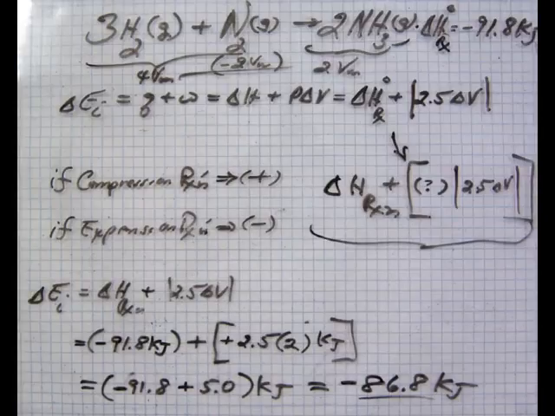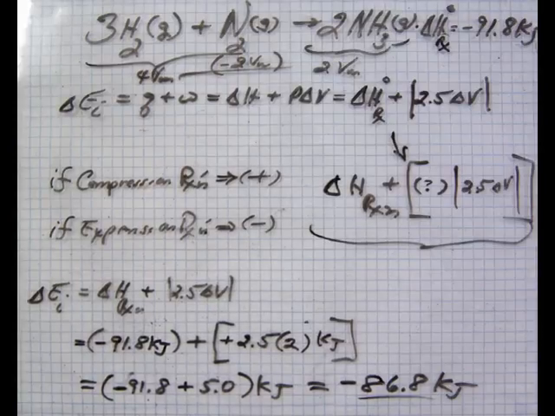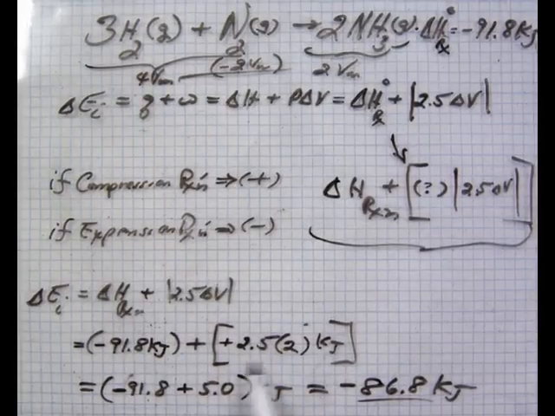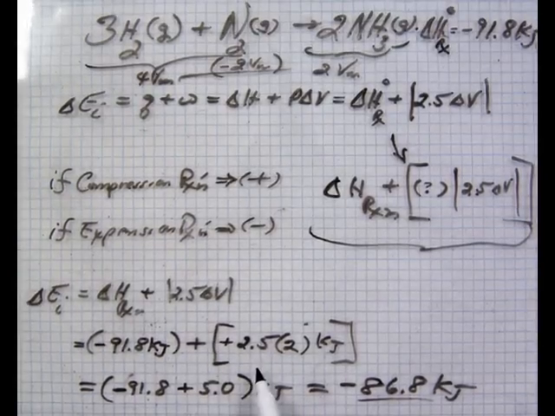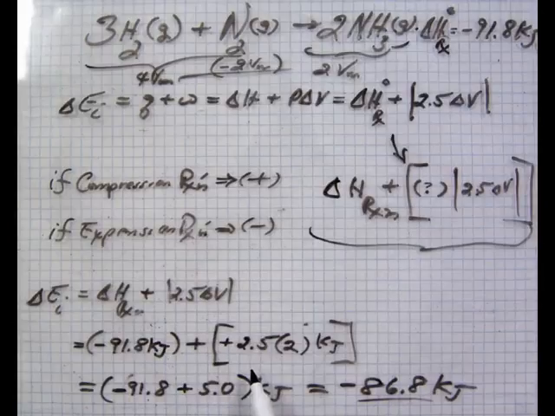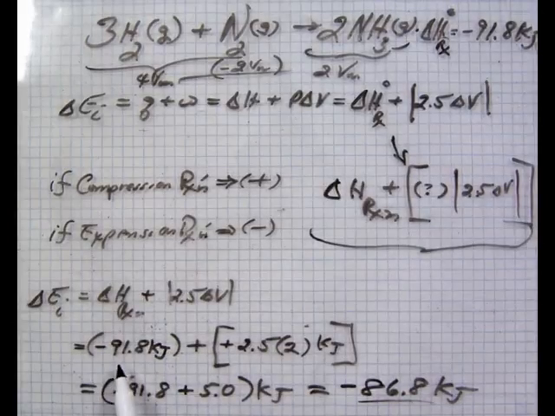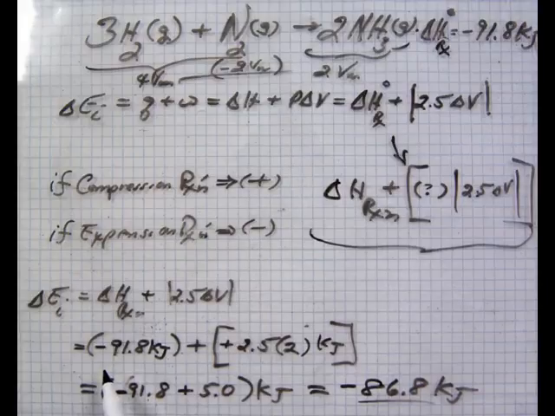It's a very simple calculation if you've got all the symbology in the chemical equation. In this case, just pick them out and plug them into the first law equation. That's all you've got to do. The work function here, 5 kilojoules, is very small compared to the delta H of reaction.